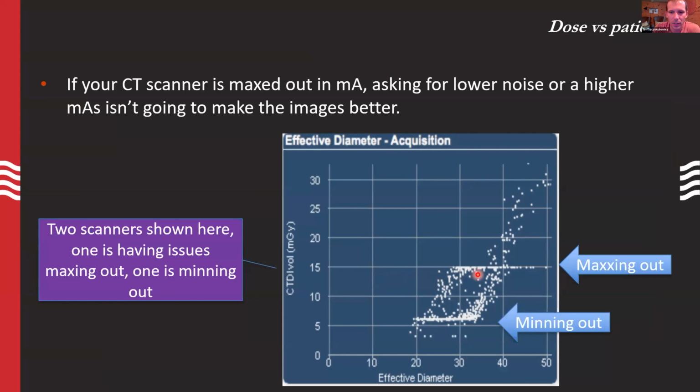If we're having an issue with it maxing out, that means that the scanner wanted to give more dose, but it couldn't. So those images are probably going to be too noisy, more noisy than they should. And then on the flip side, if it's minning out, we're giving too much dose, and those images better look pretty good. Hopefully no radiologist is going to complain when I'm minning out, because again, the image is going to be much better than the scanner wanted it to be.